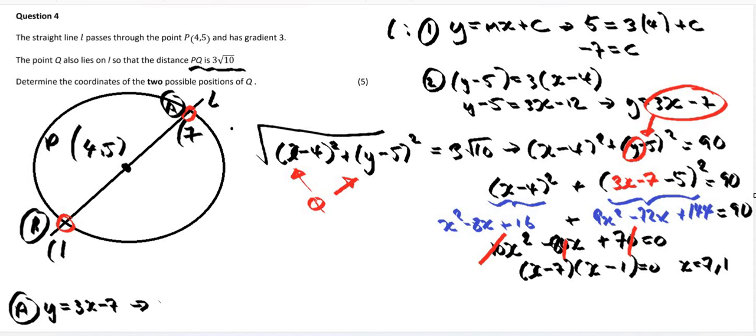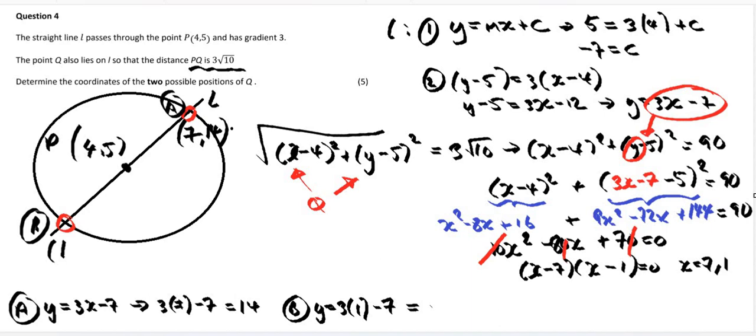So that's going to be 3 times 7 minus 7. Well, 3 7s are 21, minus 7, that's 14. So that means that this is 7, 14. So B. For B, I know that y equals 3 times my x, this time is 1, minus 7.